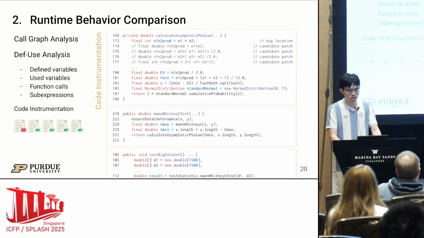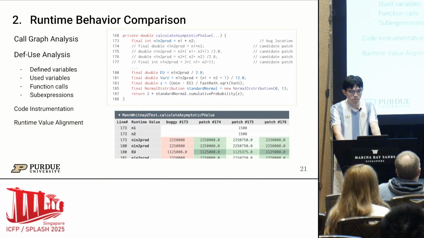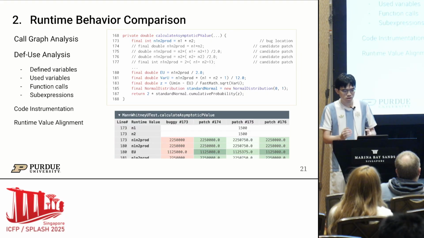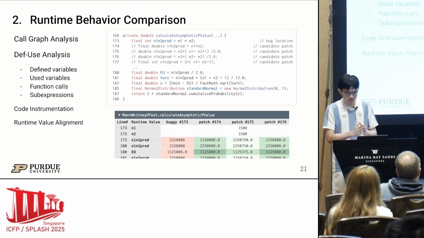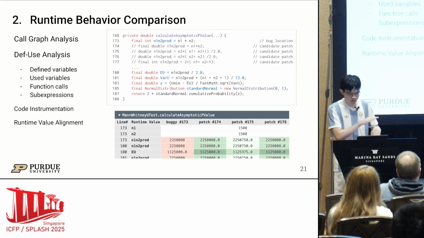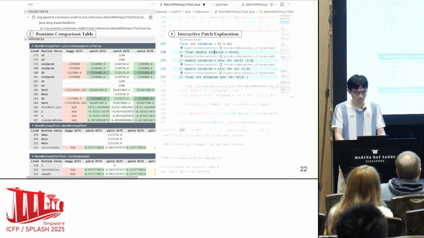It then creates multiple copies of the code and applies each sample patch separately. Finally, we collect the runtime values from all instrumented versions of the code and aggregate them into a comparison table. In this table, the same variable at the same line is aligned in one row, and the values are grouped and color-coded for easy comparison, which will be elaborated later.